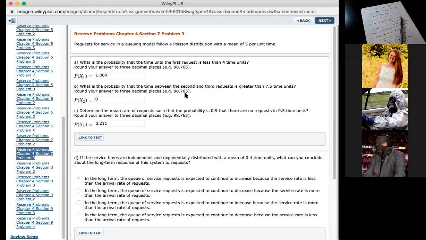When you just look at the problem, this is a problem about a Poisson process, right? But look at questions A, B, and C. What is the probability that the time until the first request is less than 4 time units? So question A is asking you to find the probability for the time until the first request.